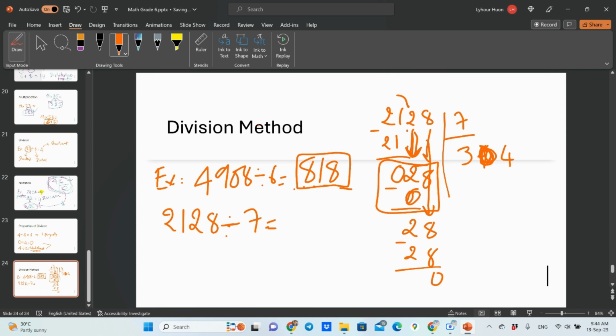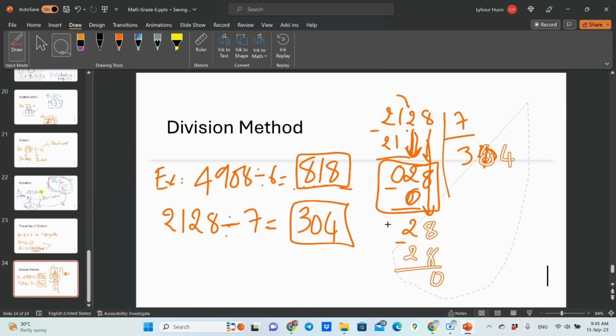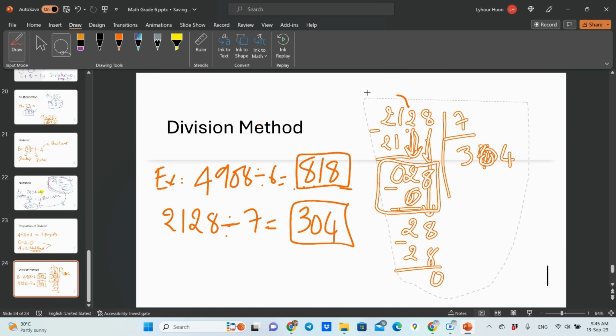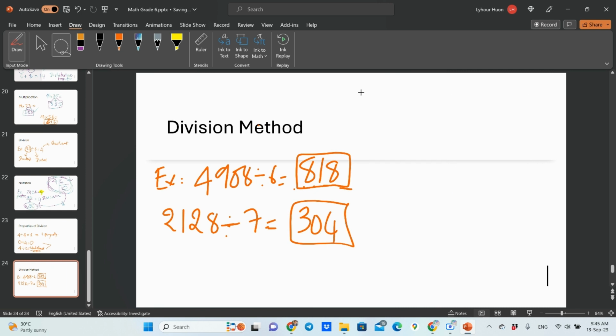The result is 304. The majority of people will get 34 and hope it's correct, but that is not correct. So small mistakes can give a different result.